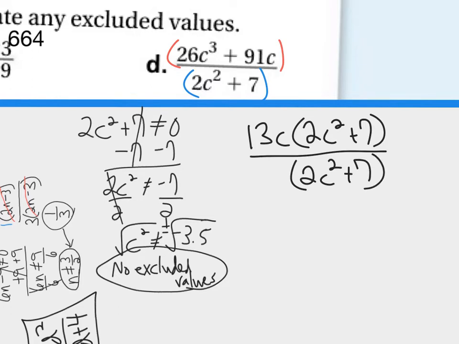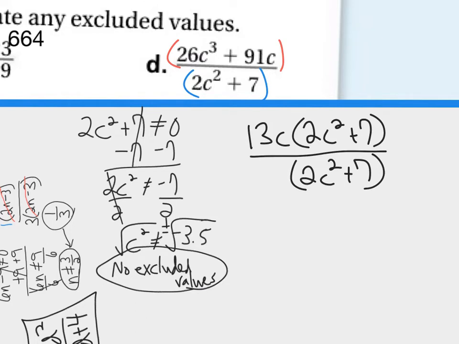Okay, so if you don't have an idea, those numbers are maybe a little less familiar in the numerator. If you're not sure what that's going to work with, you might just think about the denominator, 2c squared plus 7. We can't factor anything out of that at all.